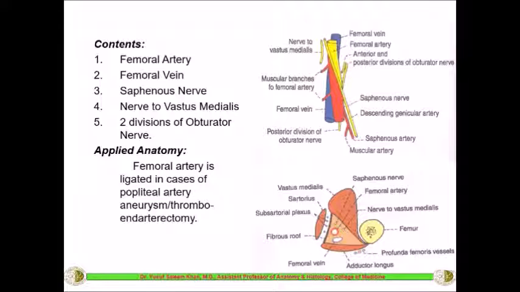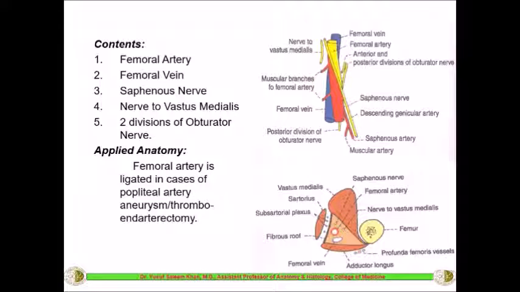This is the area in the adductor canal where the femoral artery can be easily traced, and it can be easily ligated in this region. So this is one of the important applied aspects related to the contents of the adductor canal. If the femoral artery is to be ligated, this is the site where it can be easily caught hold of, as well as tied.